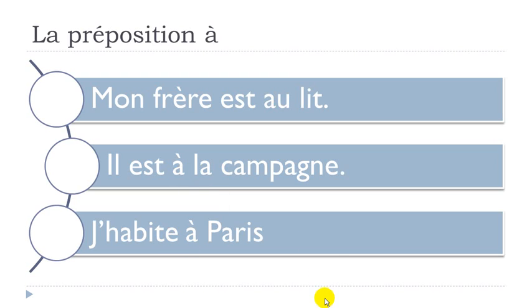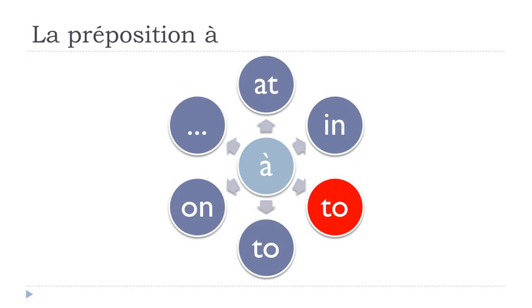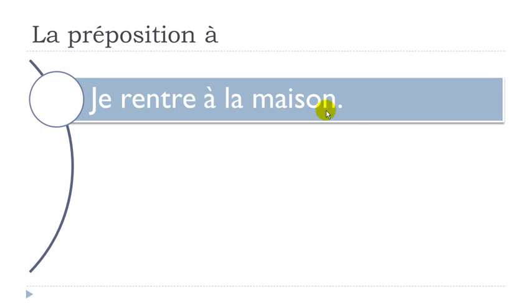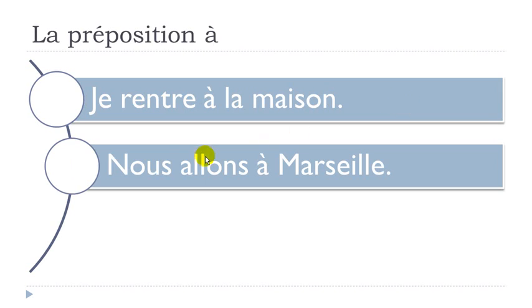All right, let's see another use of à, and it would be to. A few examples. Je rentre à la maison. Rentrer is to go back. When we want to introduce this concept, we should use this à la maison. Je rentre à la maison. Second thing, nous allons, aller is to go, à Marseille. Nous allons à Marseille.